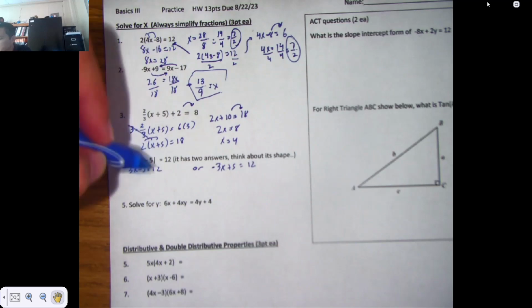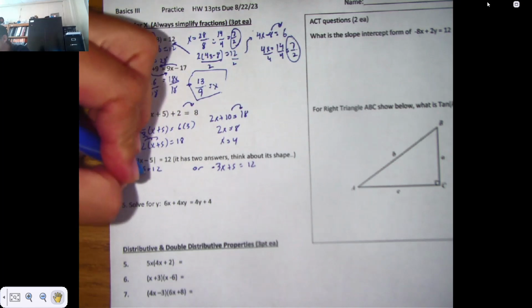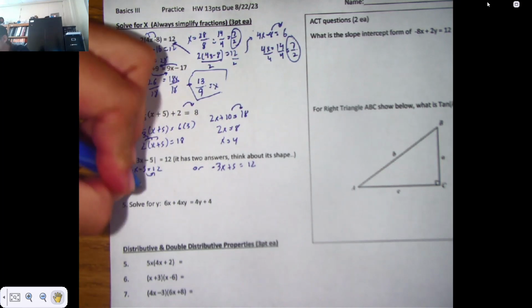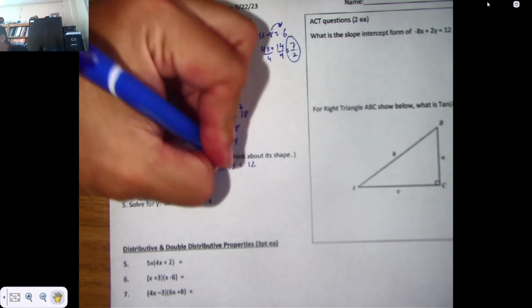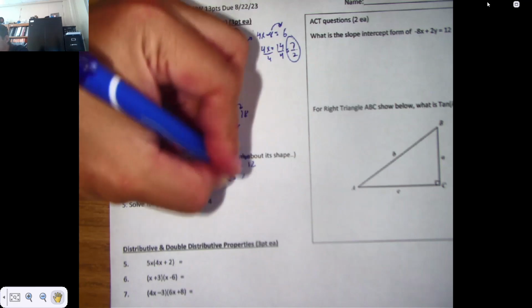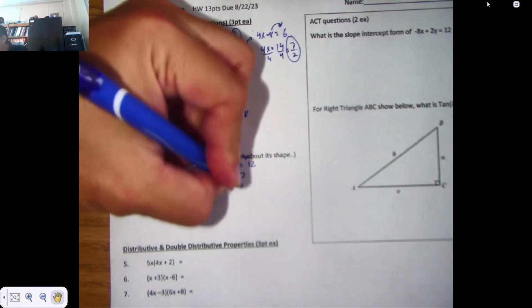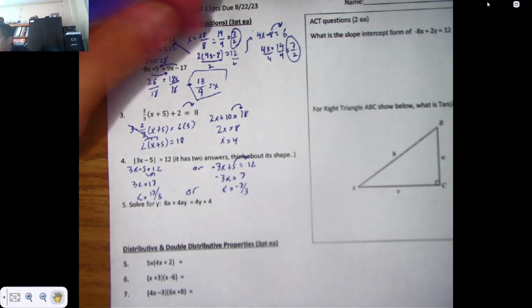I'll actually talk a little bit about that in the notes that I'm going to pass out today. It's Thursday, I'm recording this. This one has fractions, I think. We add 5, we get 17, and x is 17 thirds. We subtract 5, so negative 3x is going to be 7. And we divide by our negative 3, so negative 7 thirds. So one or the other.